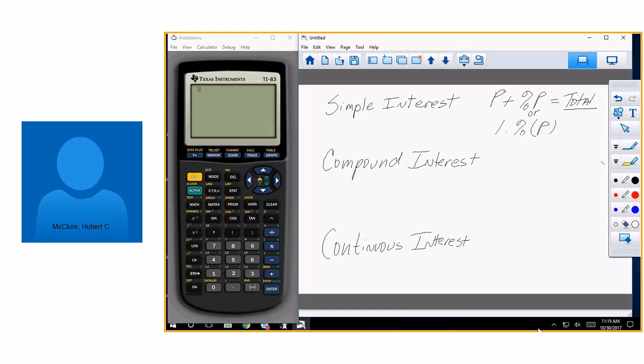Compound interest, A is equal to P times 1 plus r over n raised to the nt power. And yes, you should know that by heart. And A is equal to, I think this is P e to the rt power.